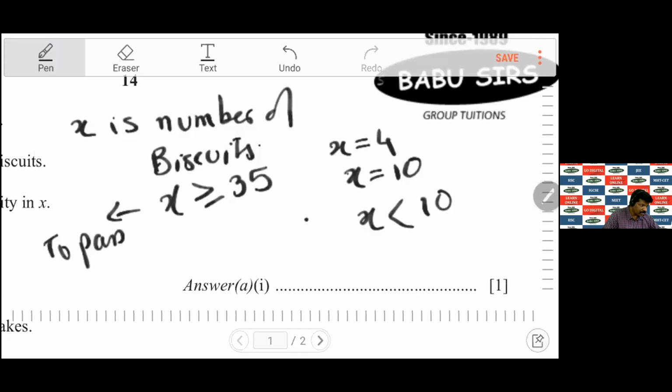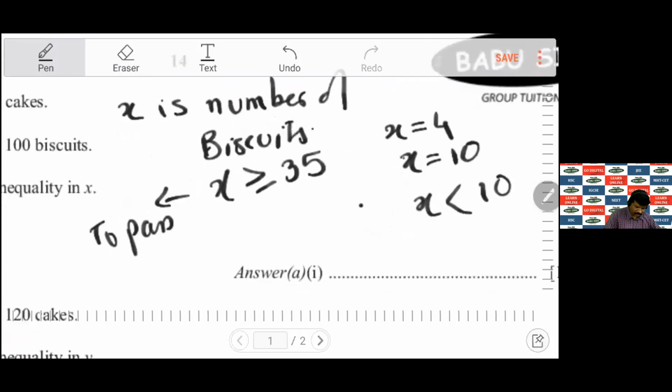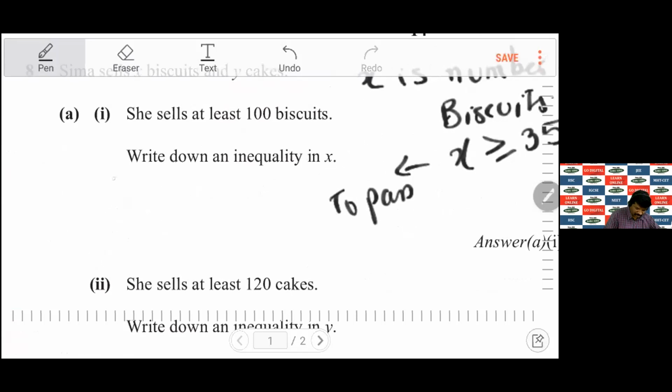That means we use this sign for at least. If you get more also, it is okay. But at least you should get 35, or more than 35, to pass.